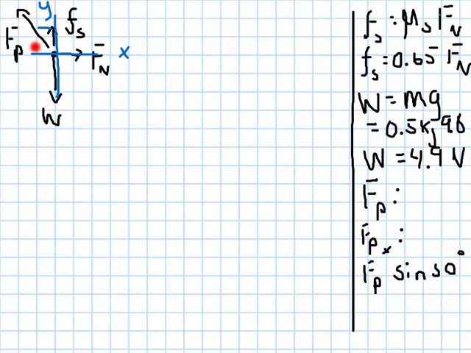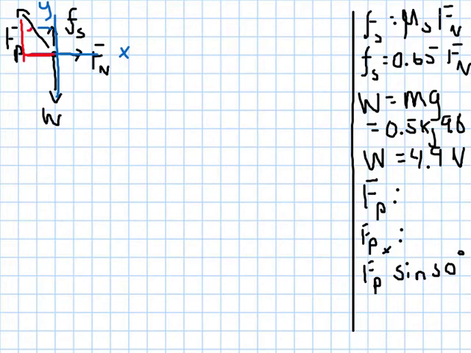So let's take a quick look. Here my force of pushing is off at an angle. There's 30 degrees between the force and the direction of the positive y-axis. And so my x component is going to lie here. This is the opposite side of the triangle with the 30-degree angle.